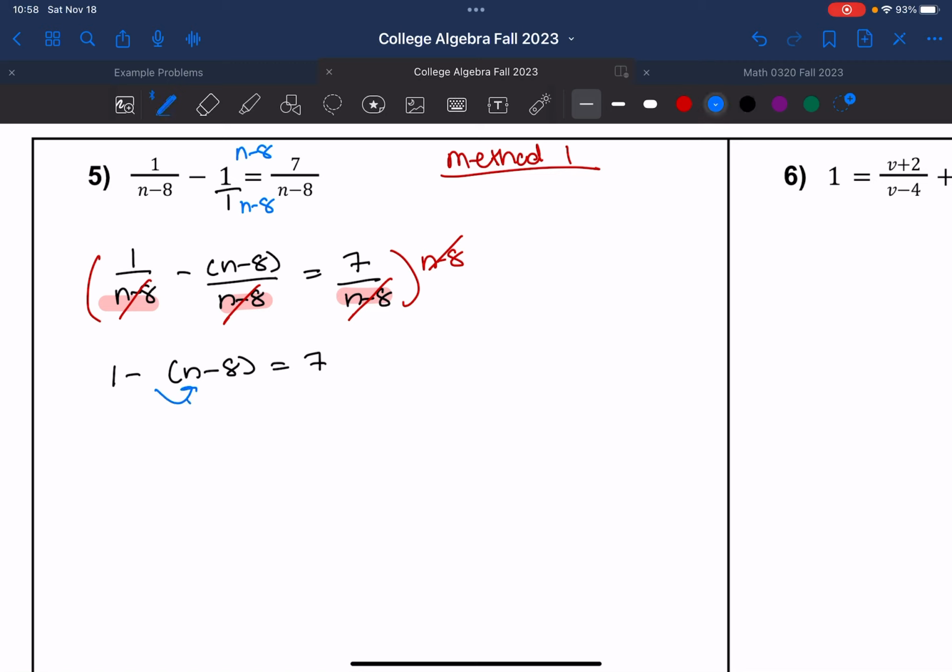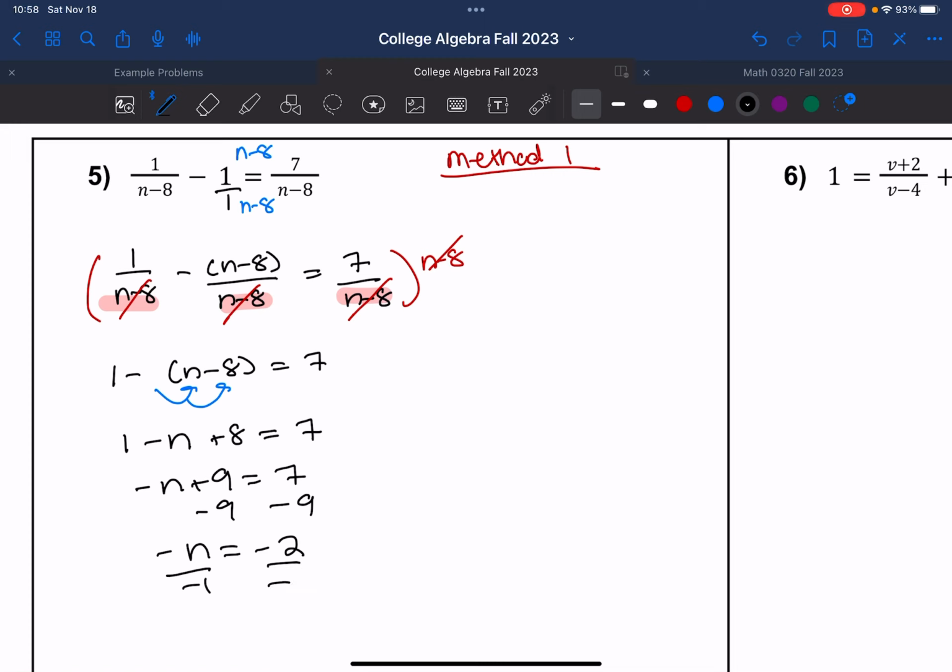Distributing that negative n, I have 1 minus n plus 8 is equal to 7. Now I'm just getting n by itself and solving. So I have a 1 and an 8, so that's a 9. So I have negative n plus 9 equals 7. Subtract 9 to the other side, and I get negative n is equal to negative 2. Divide by negative 1, I get n is equal to 2.